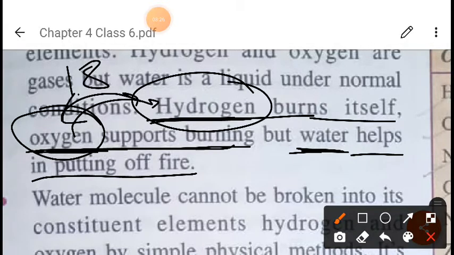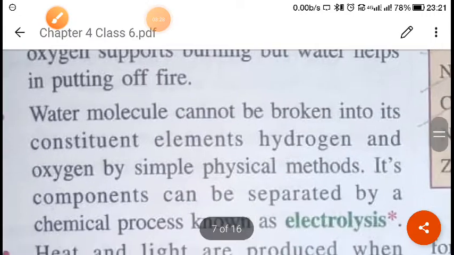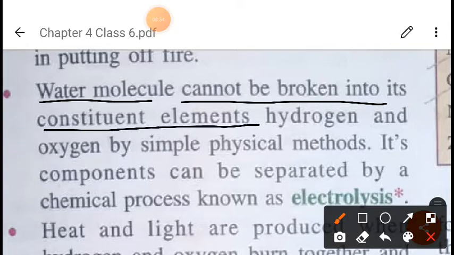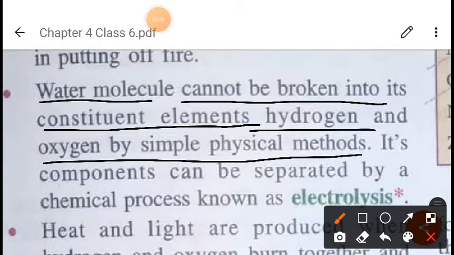Now one more thing: the molecules of water cannot be broken down into their constituent elements, hydrogen and oxygen, by a simple physical method. If we want to break water into hydrogen and oxygen, it will not be possible with any simple physical process.